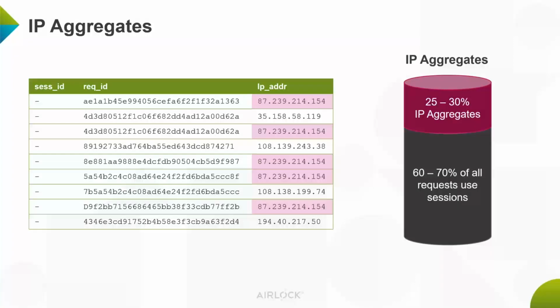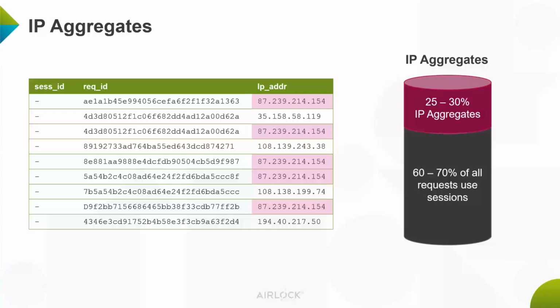As mentioned previously, we aggregated the requests based on the session ID, and now we can do that also based on the IP address. Therefore, we can detect more bots than previously. In our production, with session handling, so with cookie-based only, we detect about 60 to 70% of the bots.